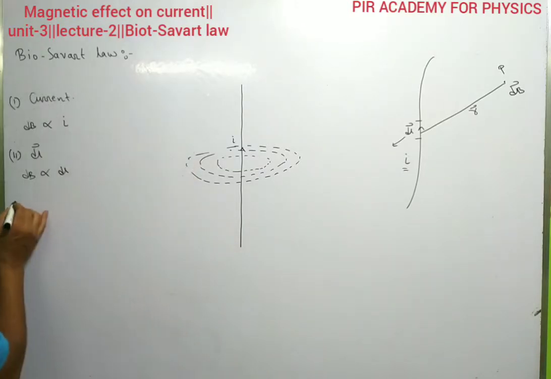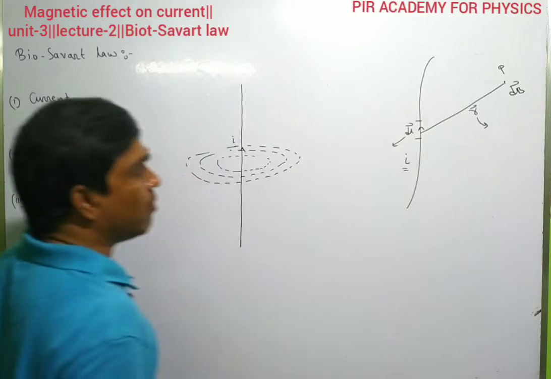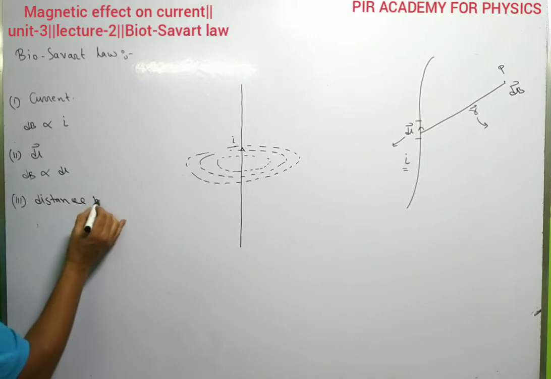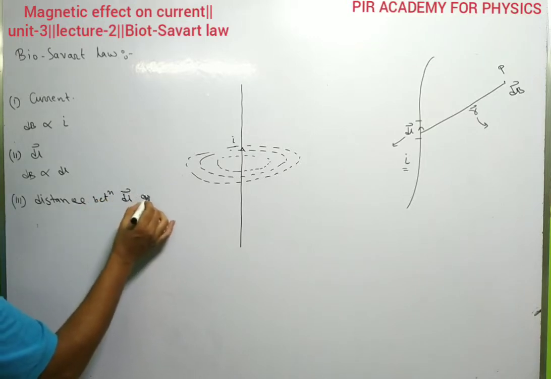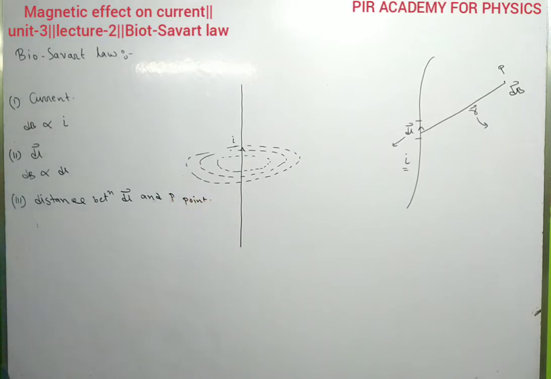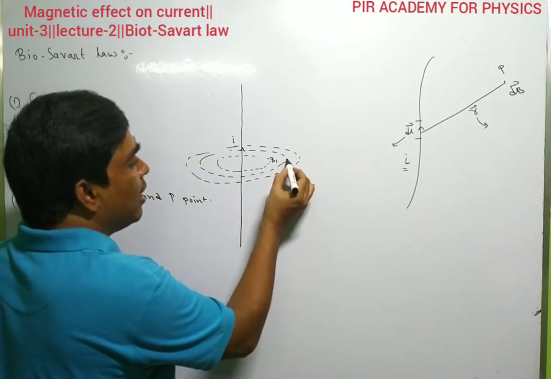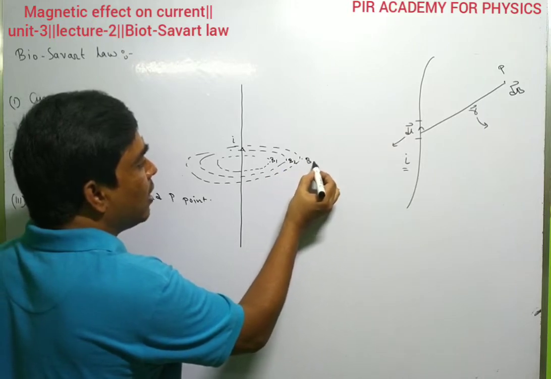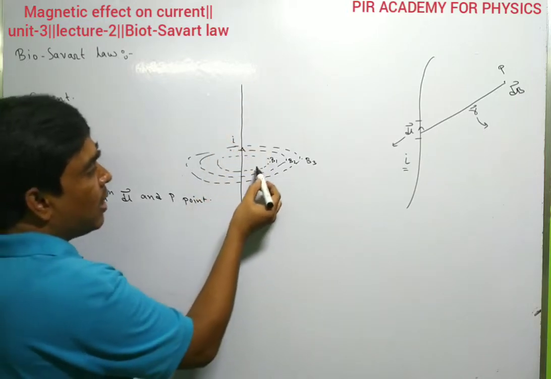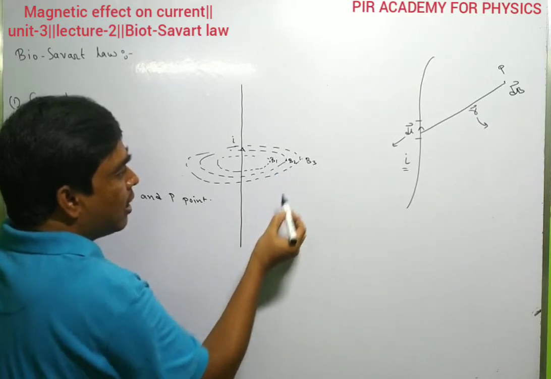Now the third variable physical quantity is the distance between dl and point P. Suppose here the magnetic field is B1, here B2, and here B3, at these points.